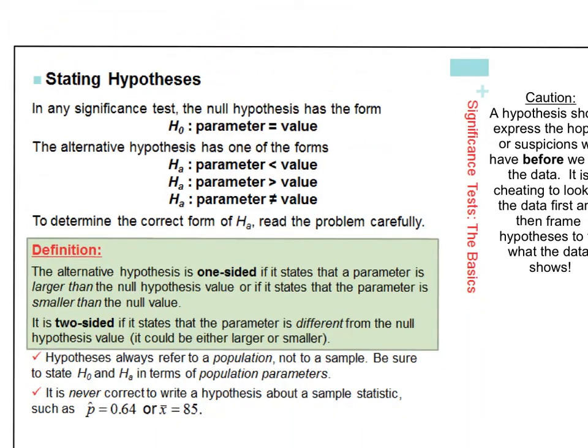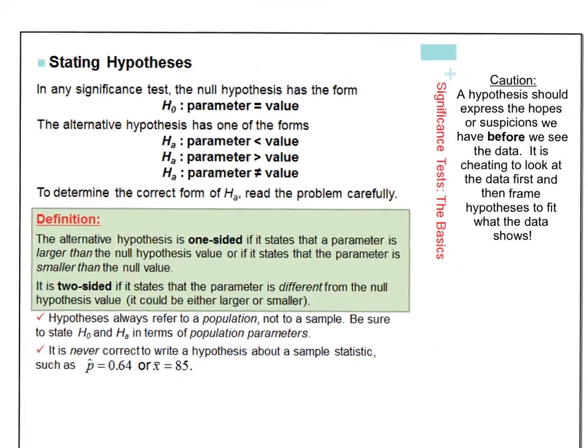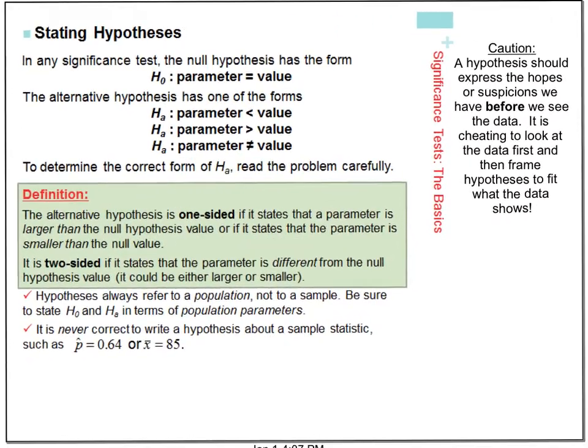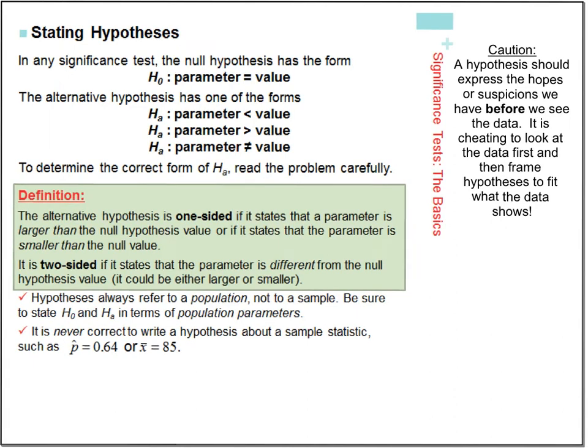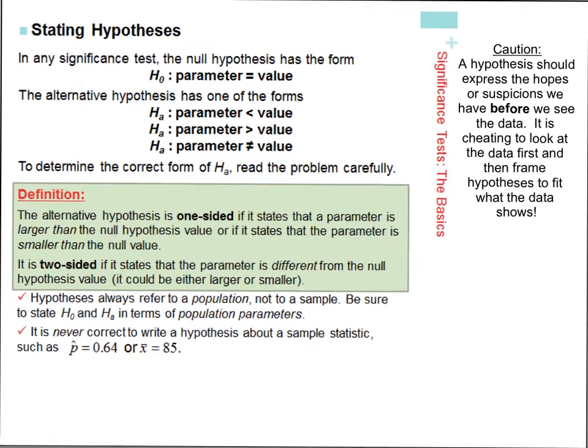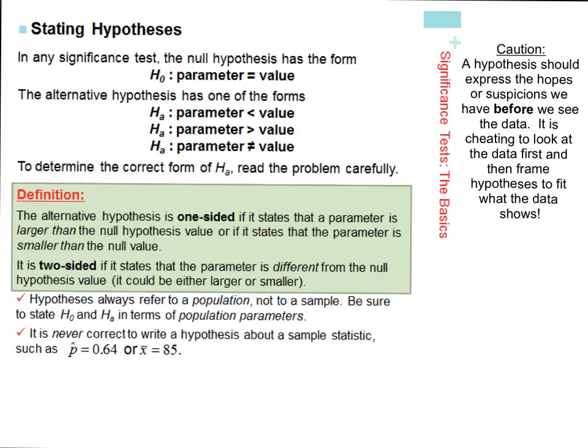A couple other things about hypotheses. H0 is never really going to vary. It's always just going to say the parameter equals some value. Ha can vary. It could be less than, that's the one we're looking at. It could be a greater than.